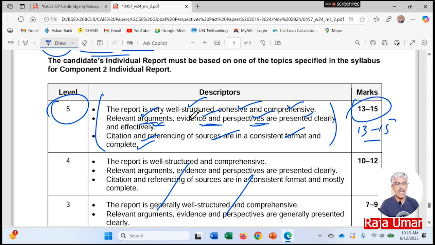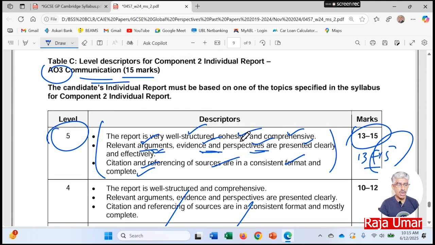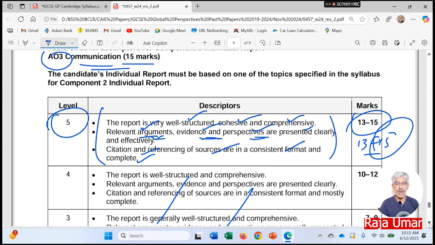So it means 40 marks for assessment objective 1, that is research, evaluation and analysis, 5 marks for reflection and 15 marks for assessment objective 3, that is communication. This is how the marking scheme is, and you are supposed to work accordingly to come up with a really very good individual report.